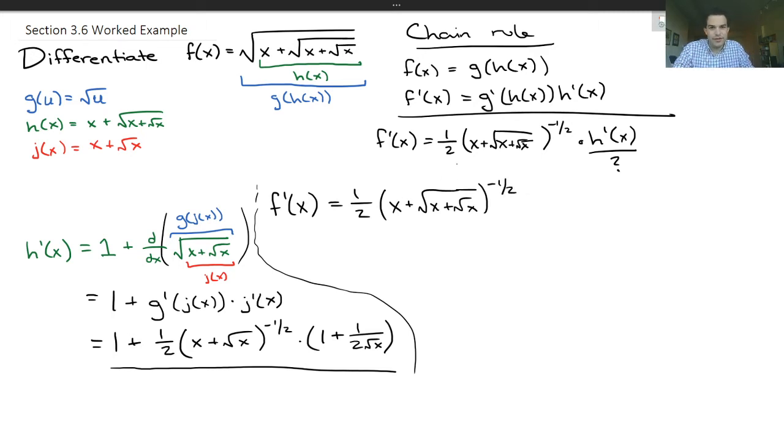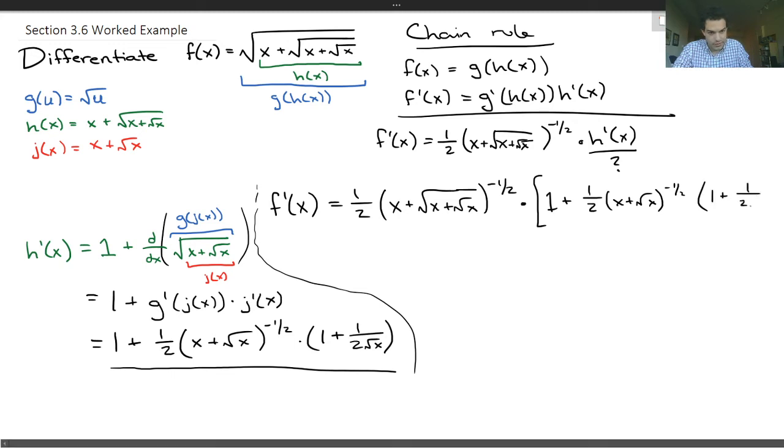Okay, that is our g prime of h of x times h prime of x, which is, big parentheses, 1 plus 1/2 x plus square root of x to the negative 1/2 power times 1 plus 1 over 2 square root of x.